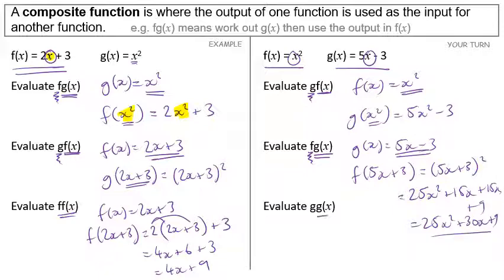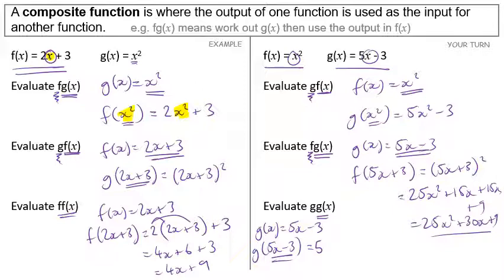The last example here, starting with g of x. And we're going to use this as the input for function g again. So in place of x, we're going to be putting in 5x minus 3.